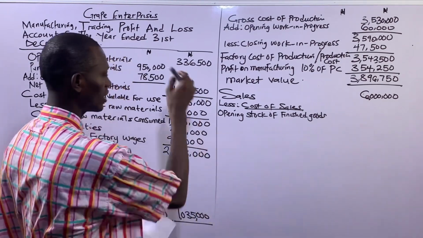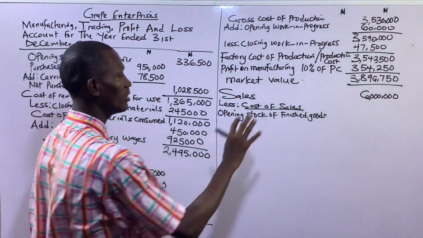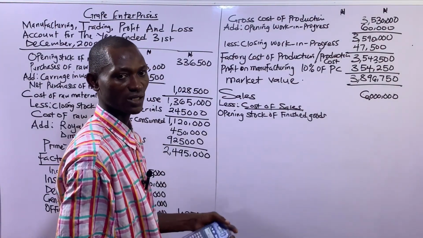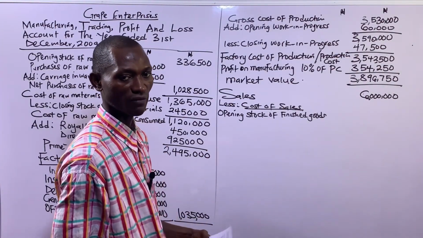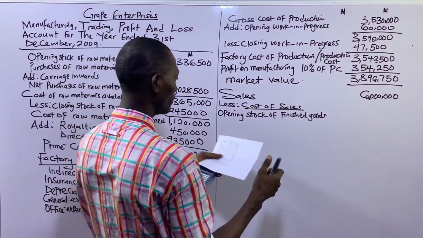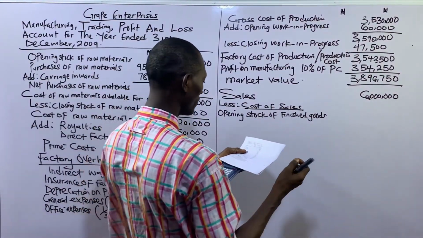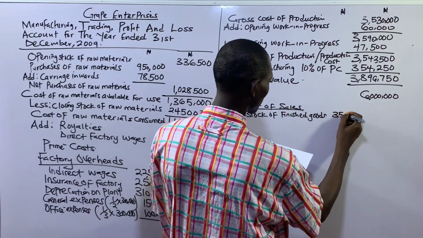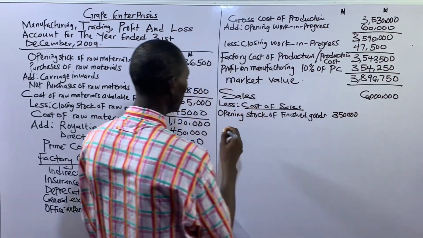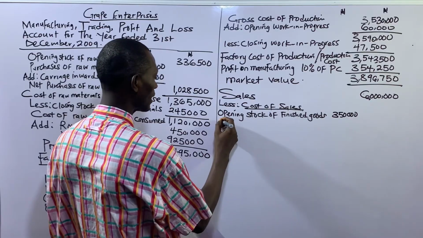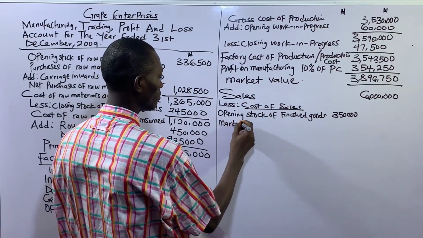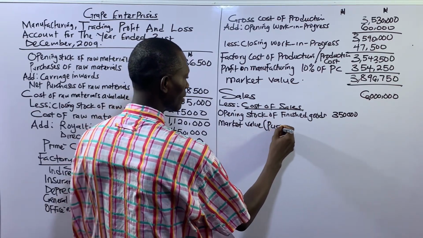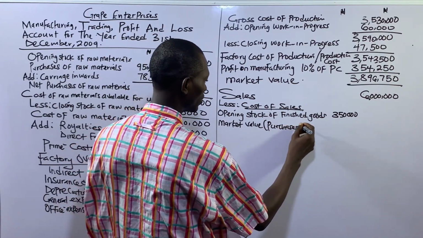So manufacturing account is about incurring costs. Trading account is about getting the amount that we are going to sell the goods which you have produced. So opening stock of finished goods, at the beginning of the question, we have 350,000. Then we had market value, which will represent our purchases figure.